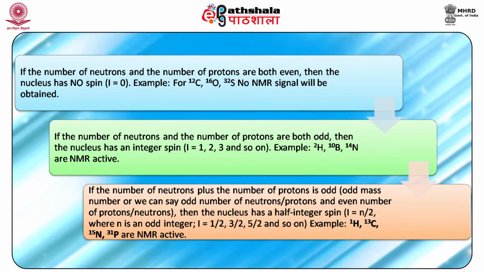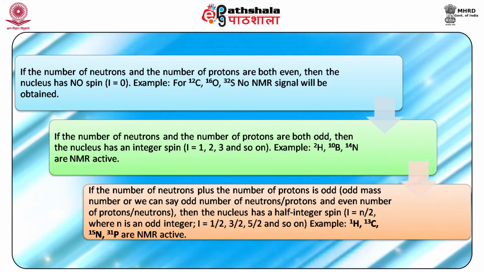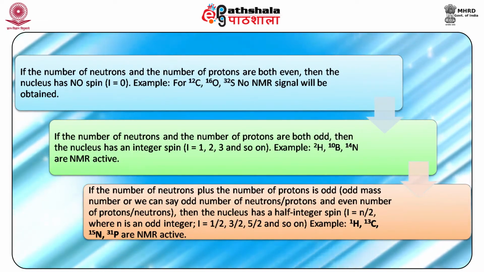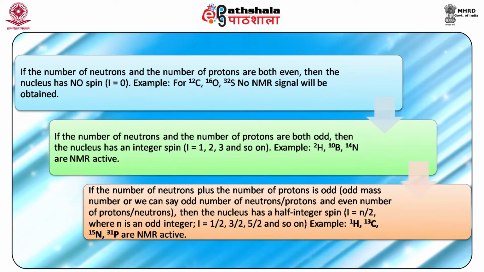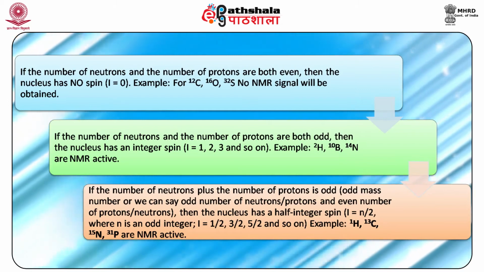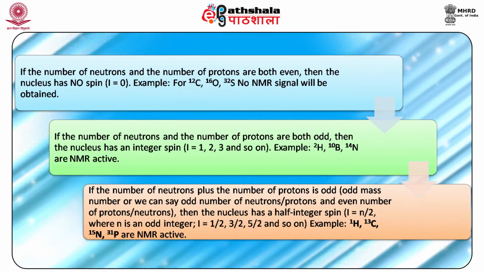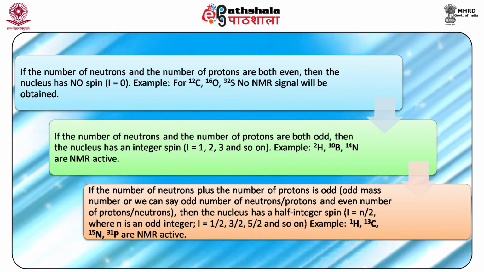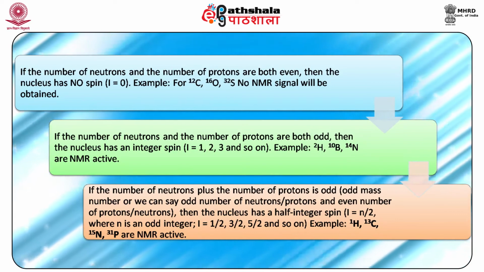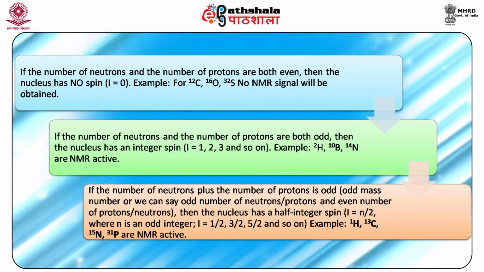has odd mass number, or we can say odd number of neutrons, protons and even number of protons, neutrons, then the nucleus has a half-integral spin, or we can say the spin quantum number is equal to n divided by 2, where n is an odd integer, then I will be equal to 1/2, 3/2, 5/2, and so on.